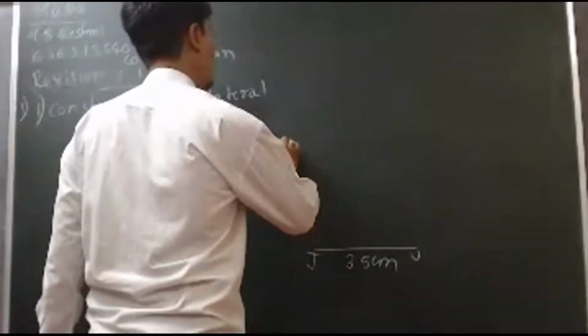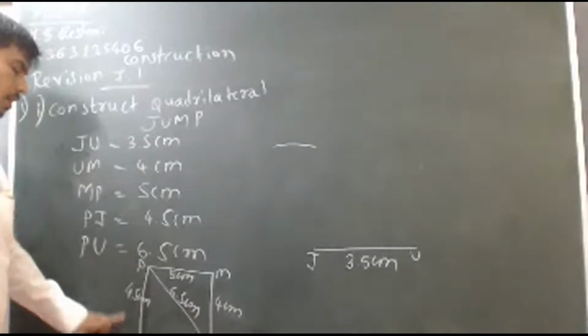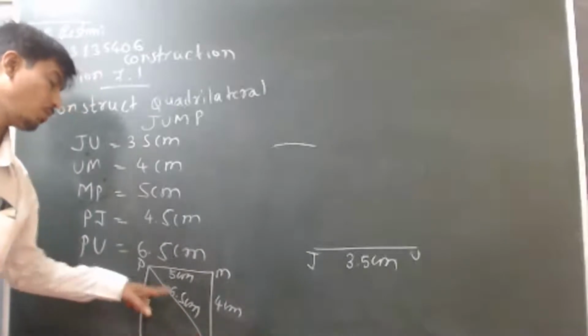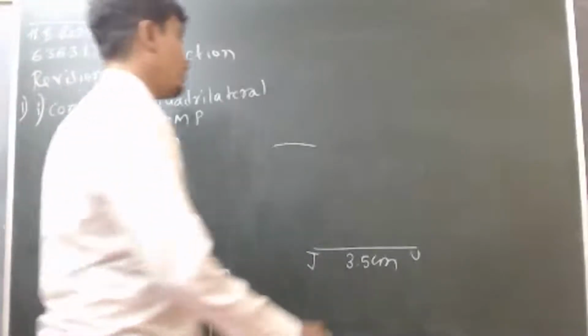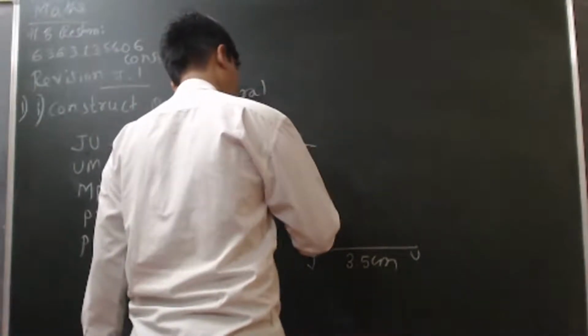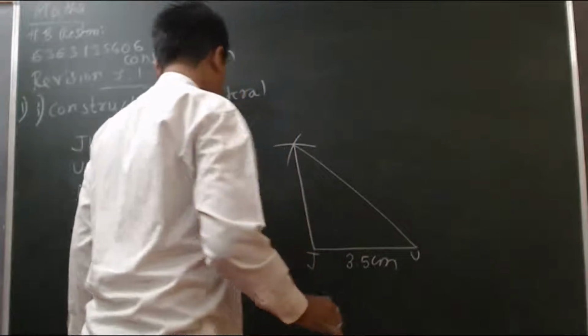Keep the compass here. Draw the arc. Keep the compass on J, take the measurement 4.5. Then similarly we move to U. From U, how many centimeter? 6.5. Keep your compass here, draw the arc and join this.